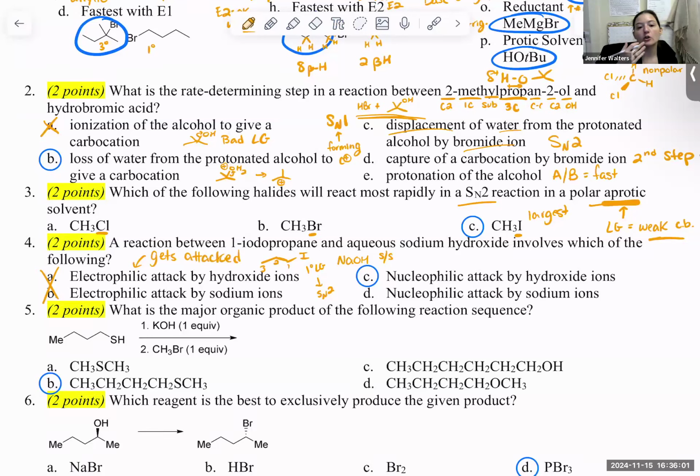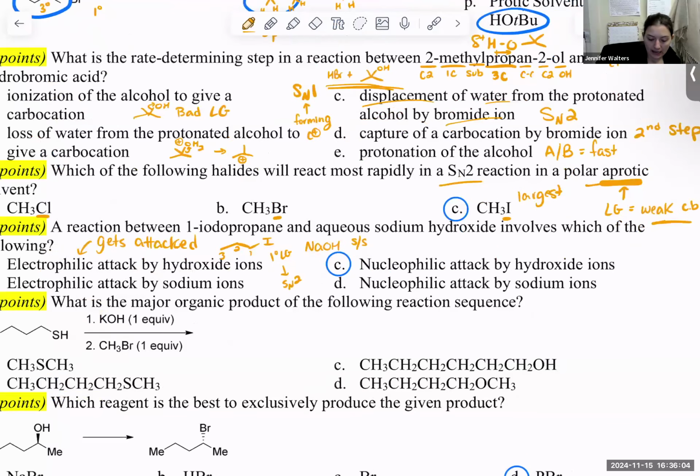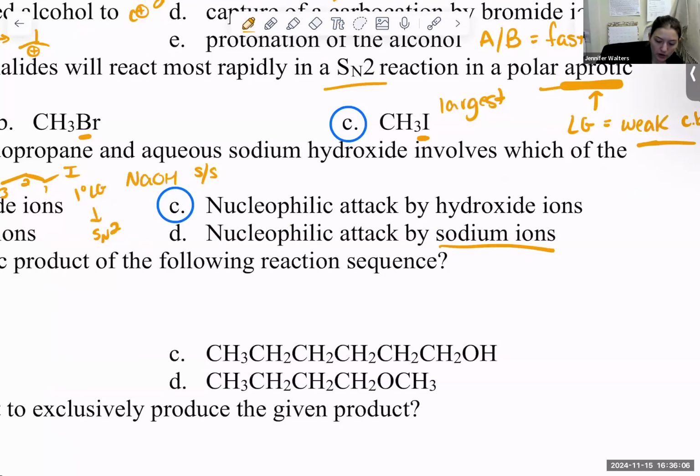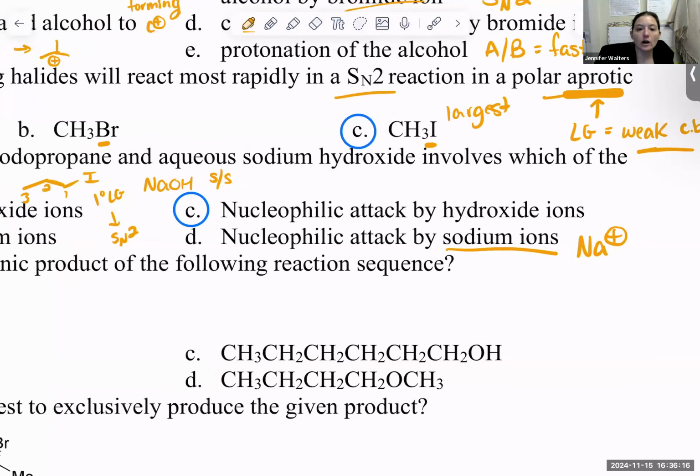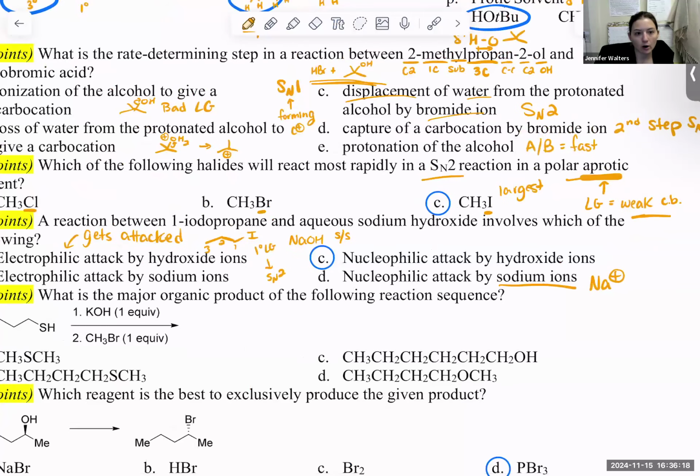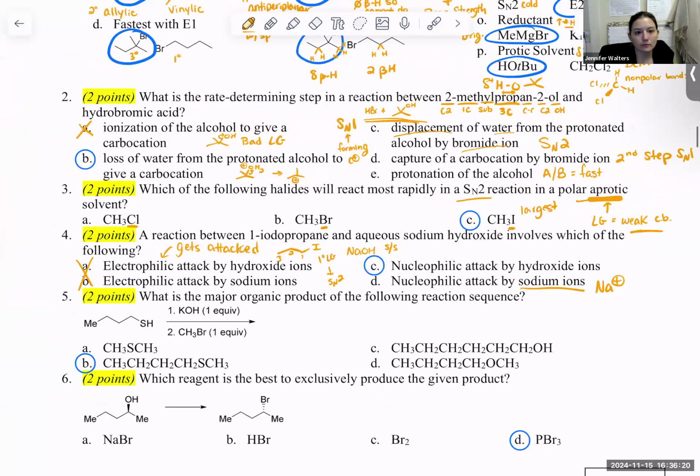So it would have to be nucleophilic attack. And when I compare to this one, sodium ions, that's Na+, that also doesn't have electron density. So that is not going to be able to be a nucleophile. It's not electron rich. If anything, it's electron deficient. So that is definitely not going to be our nucleophile. Any questions about 4?